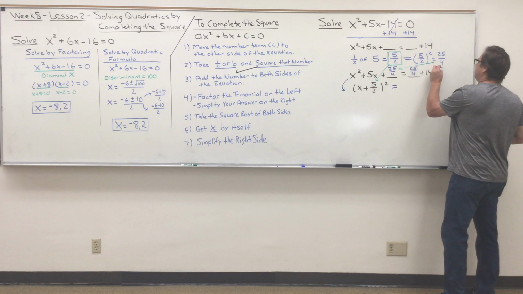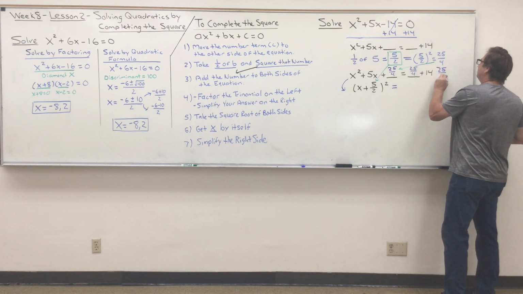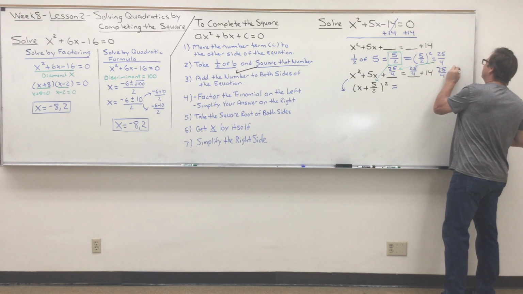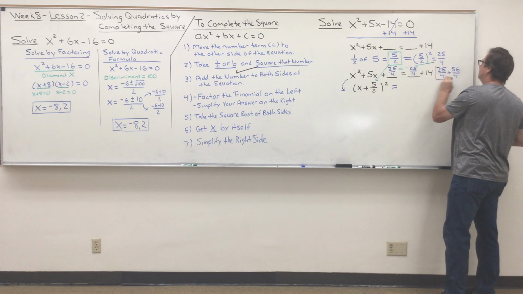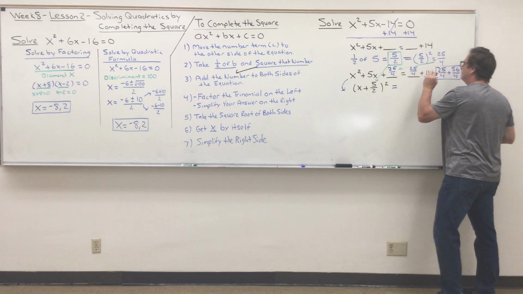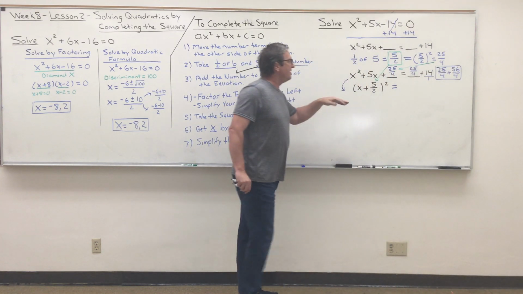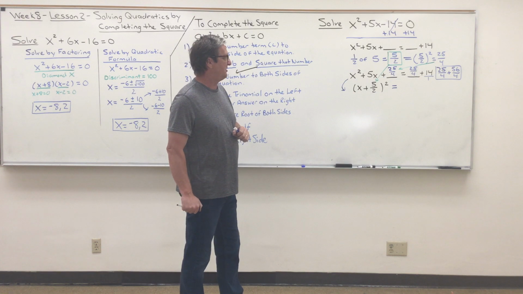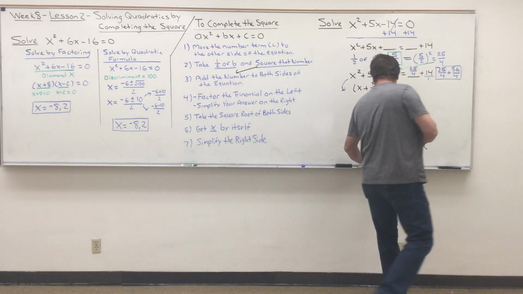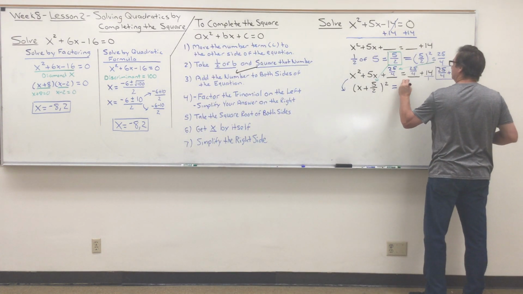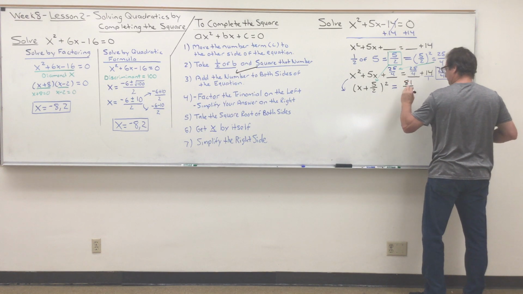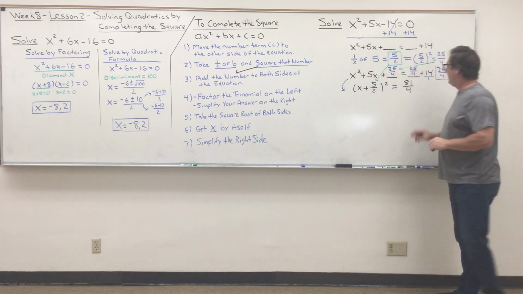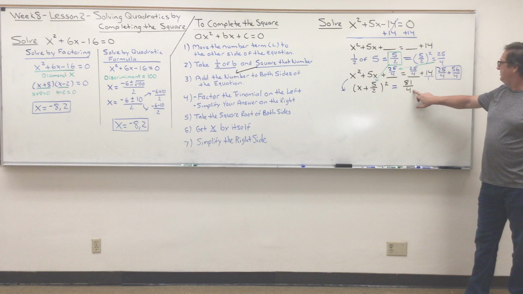Before calculators, we would put a 1 under it, and of course to add fractions you need common denominators, and so we would get 81 over 4.